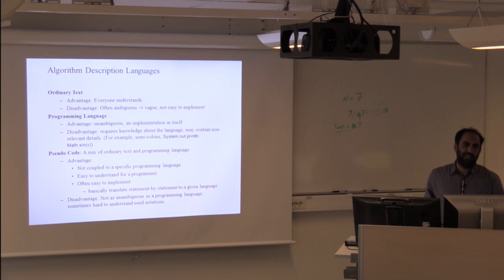However, a disadvantage is that your audience should have programming knowledge. For example, if you have written an algorithm in Python, Java, or C#, your audience should know that language. Otherwise, they will not be able to understand it.